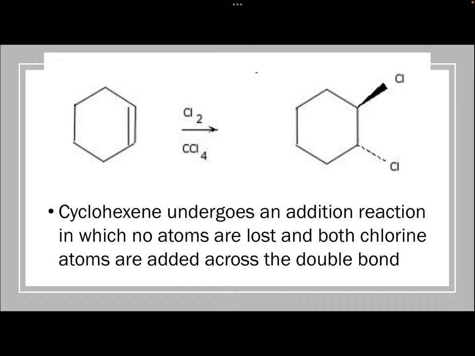If we have our cyclohexane, which also undergoes an addition reaction, this is where our chlorine is added with a catalyst on top. And because of this, we break this double bond there, and no atoms are lost. So we break that double bond, and therefore it is added across the double bond, and it has a pull based off of electronegativity.